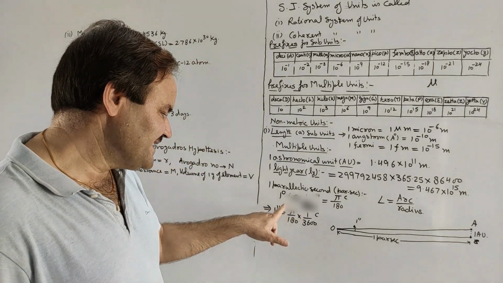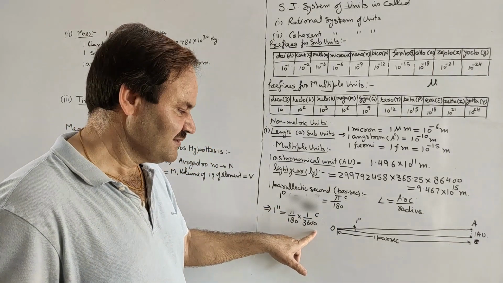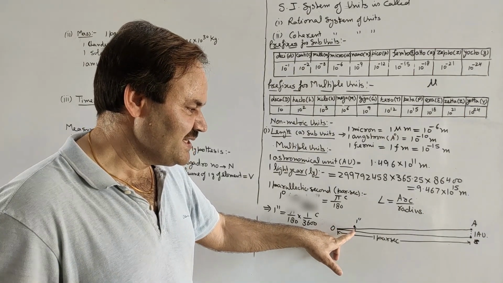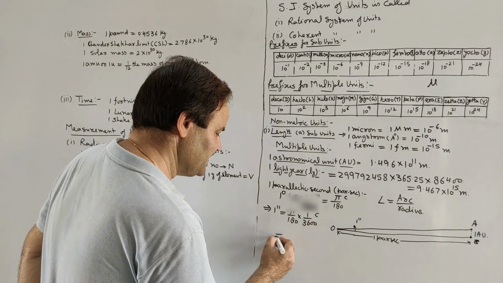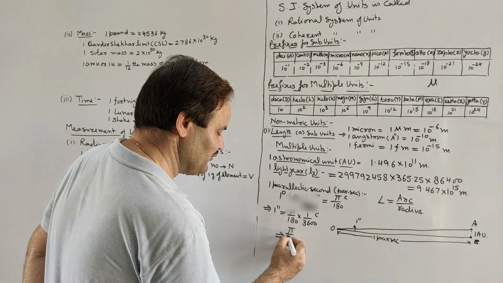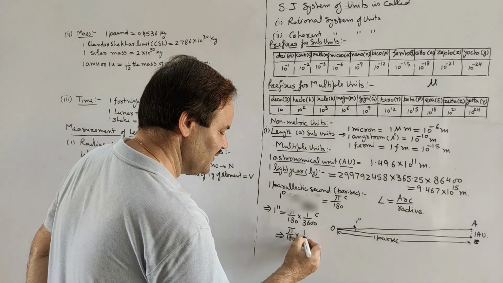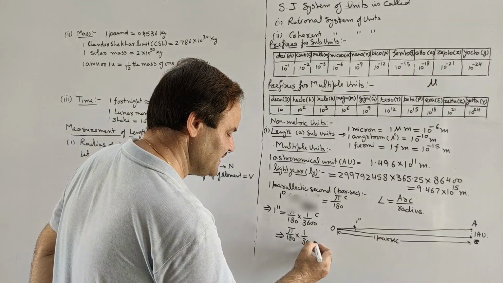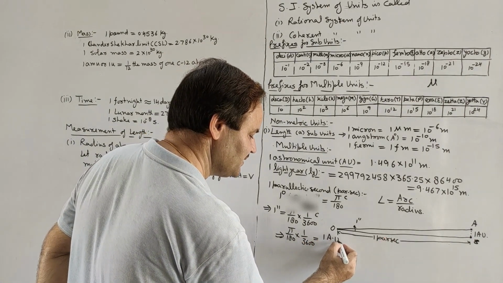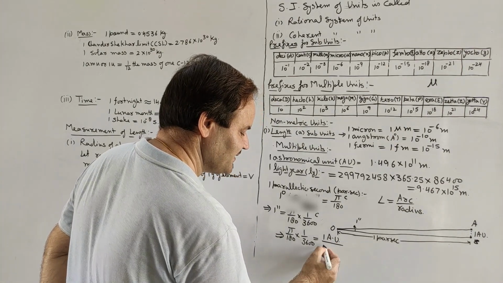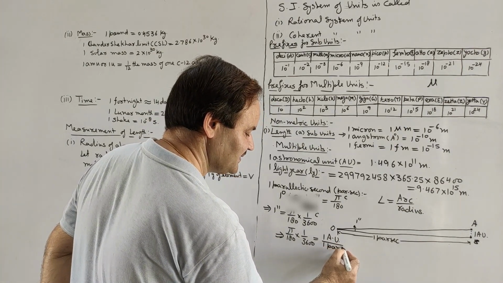Now this is the angle, and angle is equal to arc upon radius, implies pi by 180 into 1 by 3600, that is angle, is equal to arc length, that is 1 astronomical unit, divided by radius, that is 1 parsec.